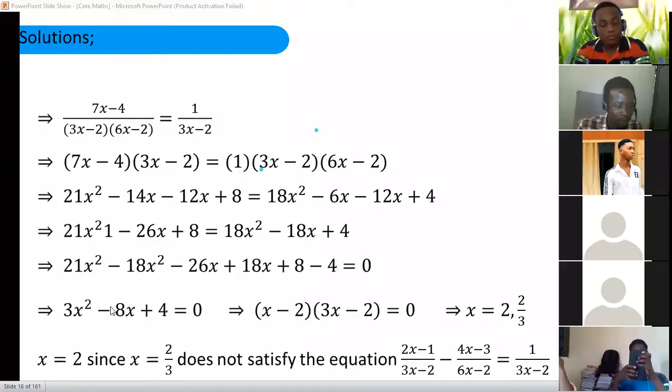Then the factorization will give us the bracket x minus 2, another bracket, 3x minus 2, is equal to 0.